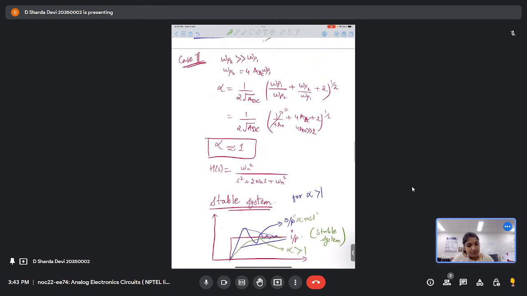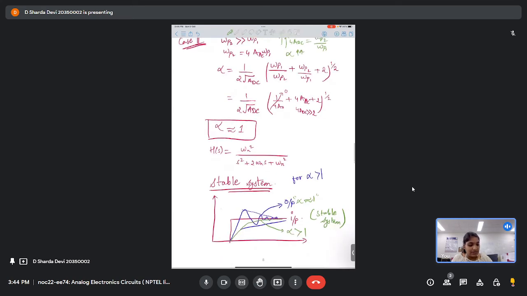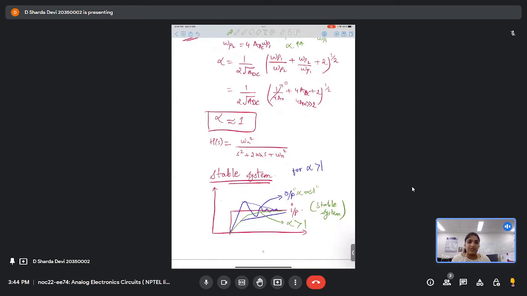And as we increase them much higher, so here we had 4 ADC, the ratio of omega p2 and omega p1. When we further increase this, our alpha also increases, which increases the damping, and we get even better stability.